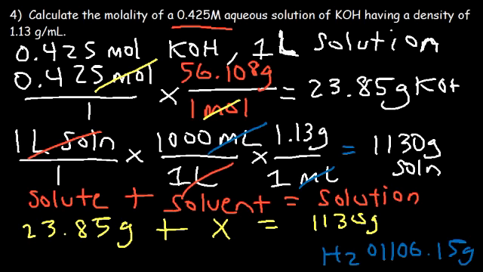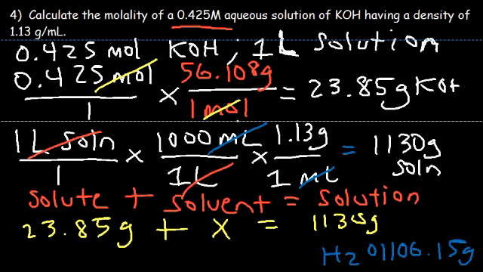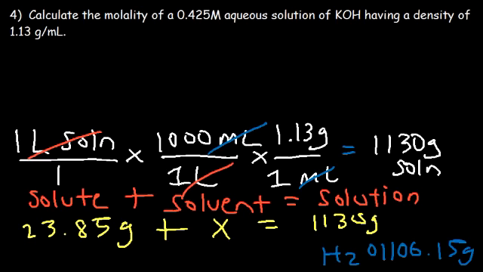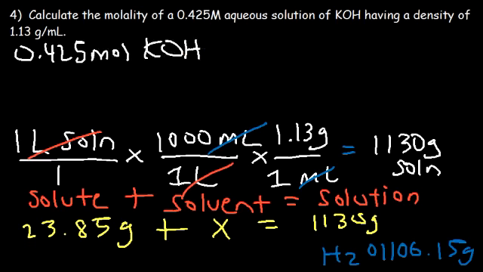So now we could find the molality. So let's make some space. So let's start with the moles. We know we have 0.425 moles of KOH. And if we take that and divide it by the kilograms of solvent, now we have 1106.15 grams of water.